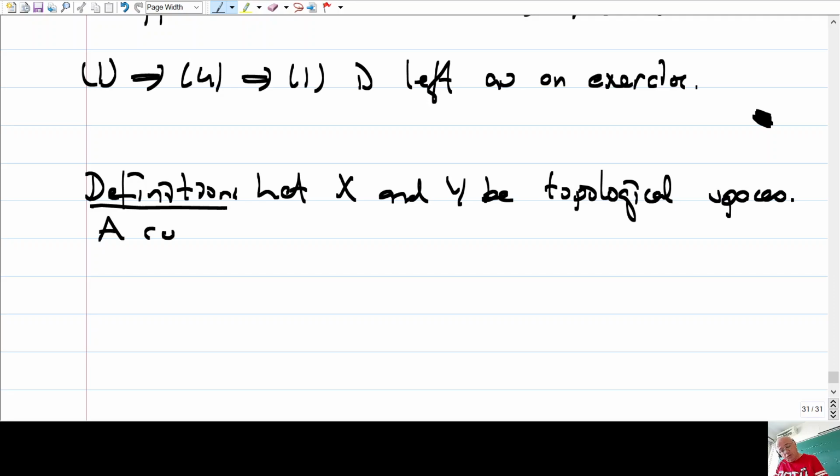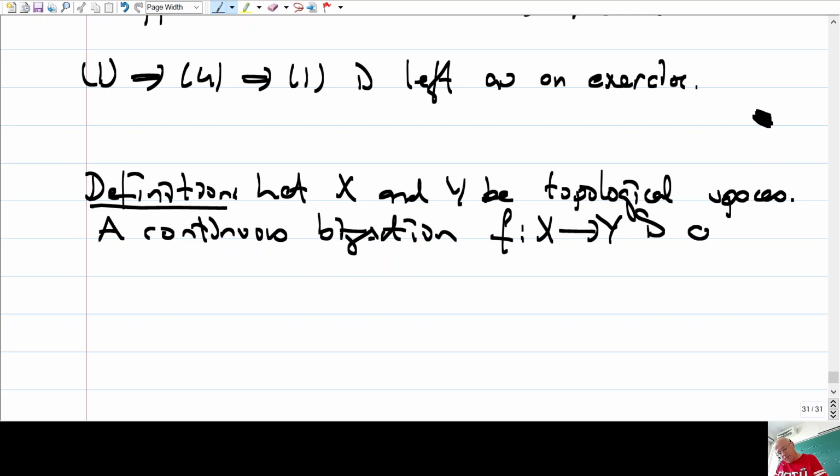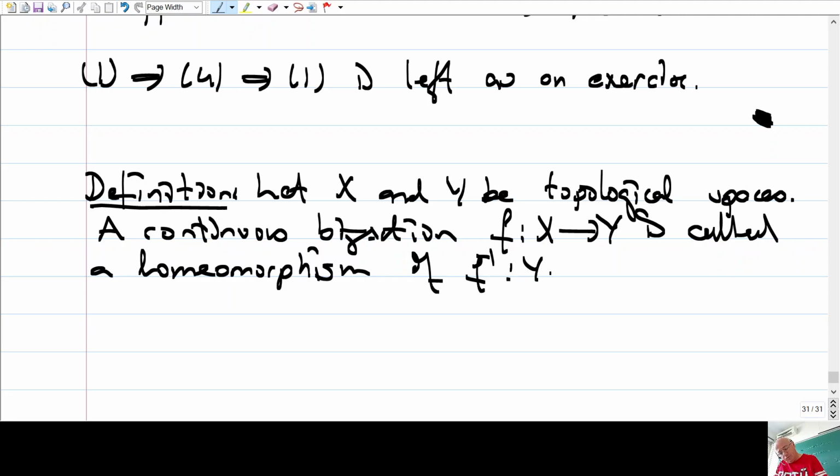A continuous bijection f from X to Y is called a homeomorphism if f inverse from Y to X is also continuous.